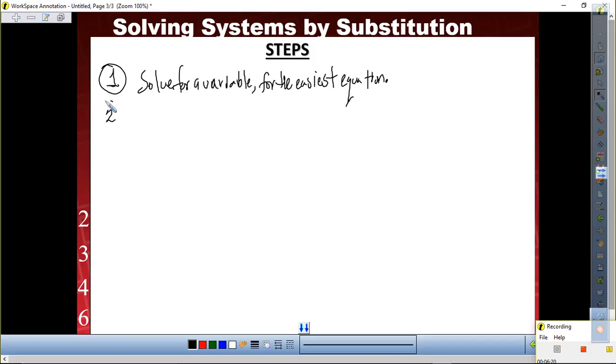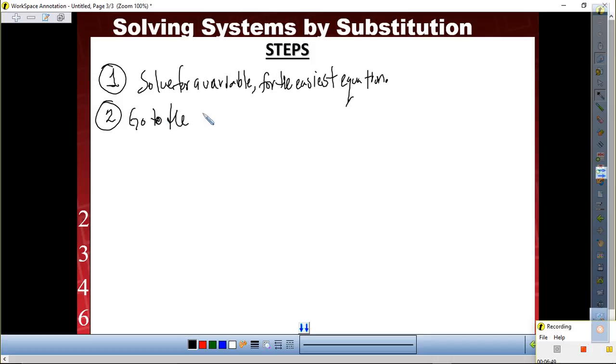Step number 2. Okay, go to the problem that's not solved, and plug in the solver. Very, very close, but give me some terminology, because you're saying go to the problem that's not solved. Okay, go to the second equation.